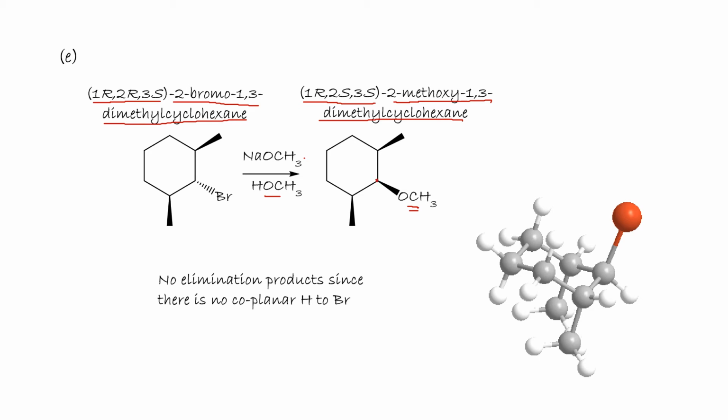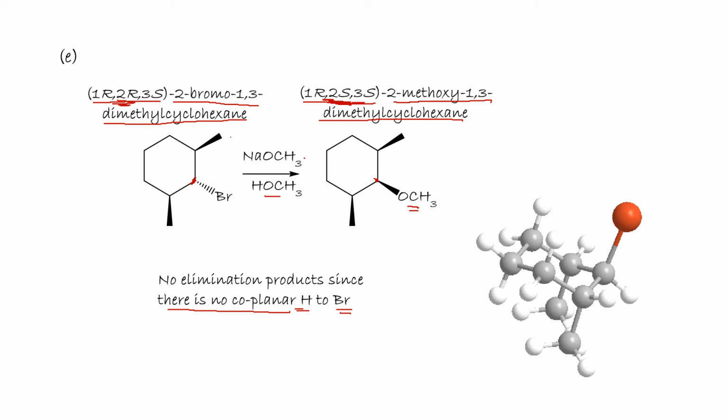As you know, the reaction took place on the carbon bearing Br, carbon number 2, so you will find that the change in configuration occurred on 2, from 2R to 2S. And no elimination product, since there is no coplanar hydrogen to Br.